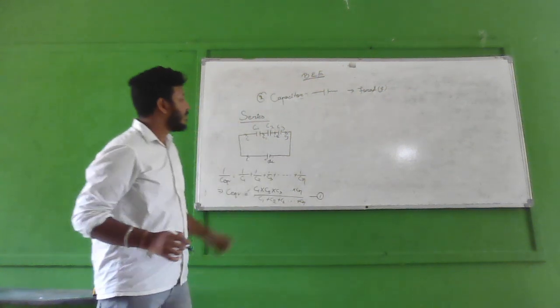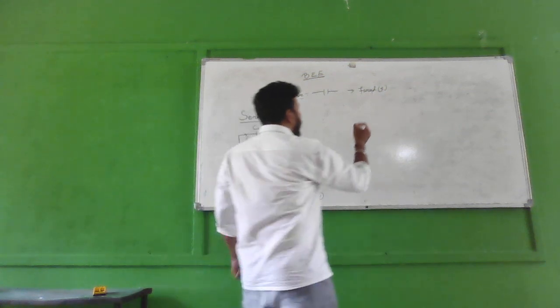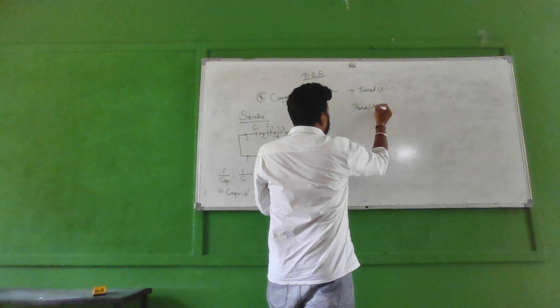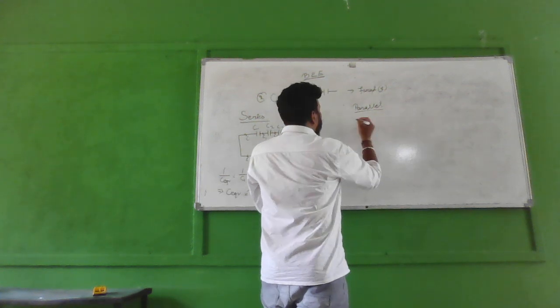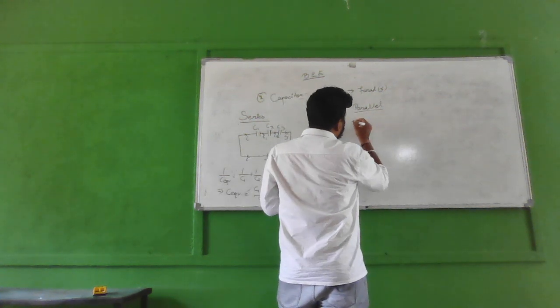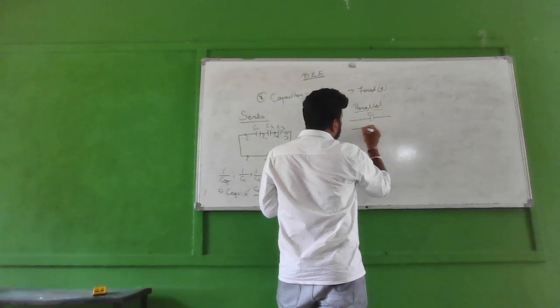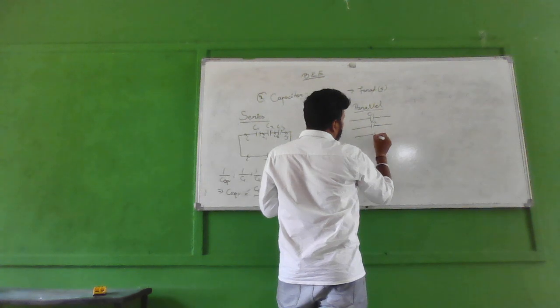Similar to the series connection, we get the parallel connection. In the parallel connection, let's take C1, C2, C3.